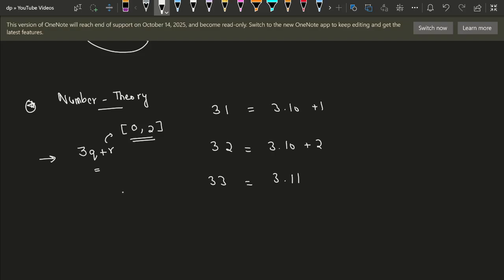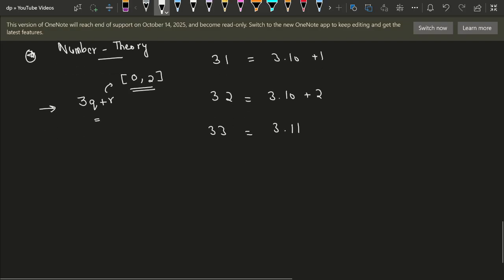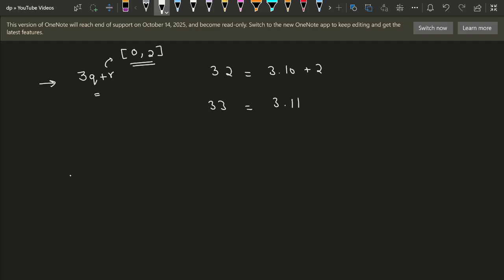And yeah, so now let's try and write some numbers: 0, 1, 2, 3, and 4. When we divide 0 by 3, the remainder is 0, right? When we divide 1 by 3, the remainder is 1. When we divide 2 by 3, the remainder is 2.